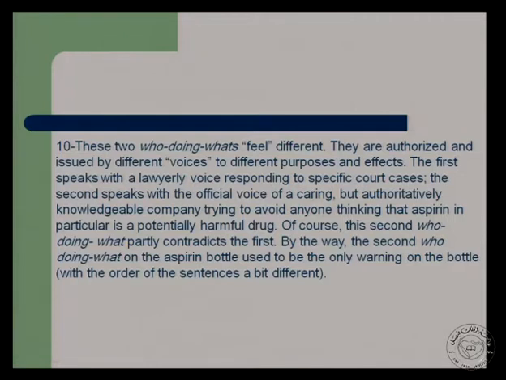Whether you are a specialist and you have the right then to write something specific, or you are just somebody who works in that field but you are not a specialist, and then you do not even have the right to specify the kind of diseases that might result from taking aspirin. So we are talking about two who's.